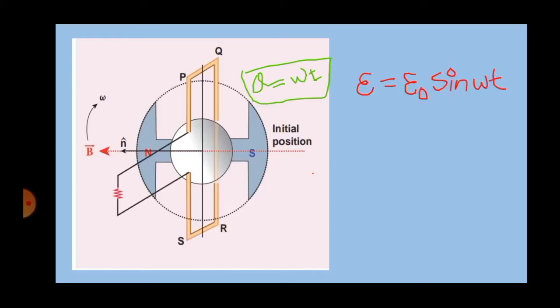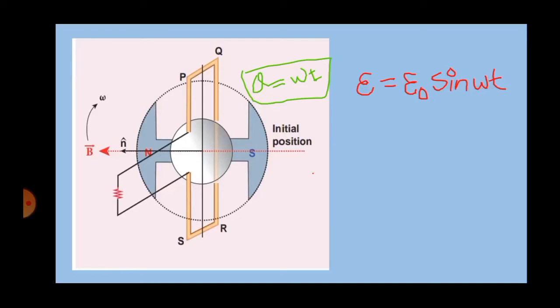According to this, the induced EMF is E equal to E naught sin omega t. We also call it epsilon; sometimes epsilon is nothing but the induced EMF in this lesson. So E is equal to E naught sin omega t, where E naught is the maximum induced EMF. Okay.